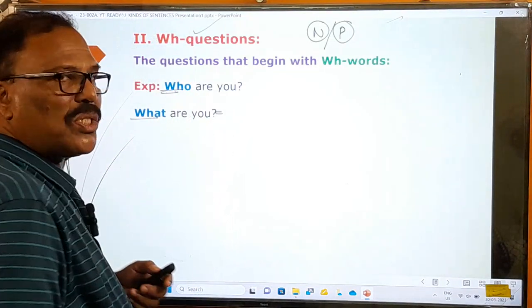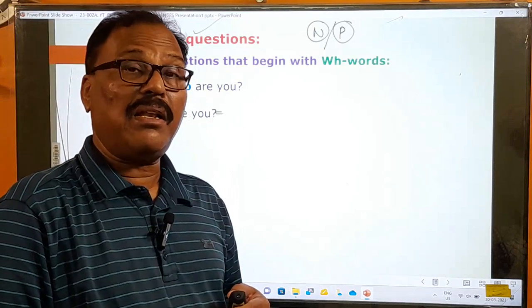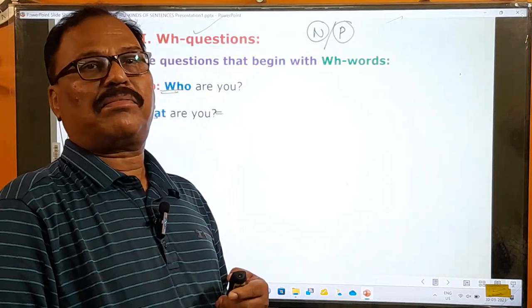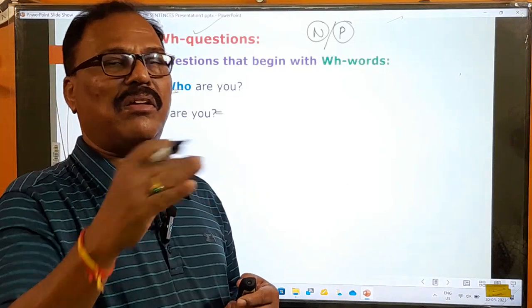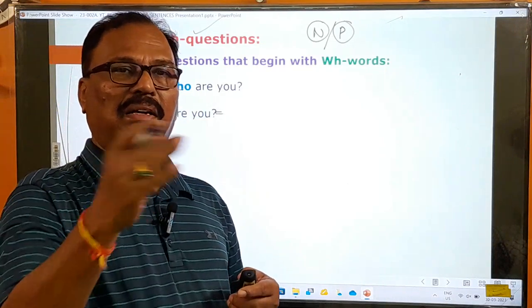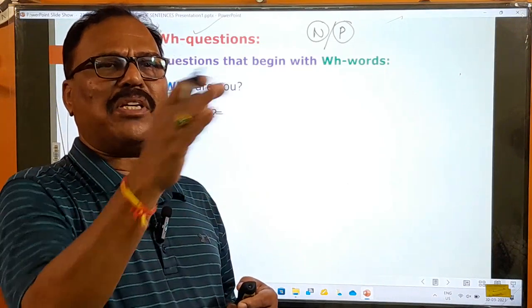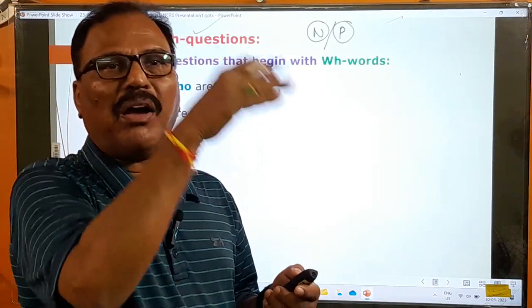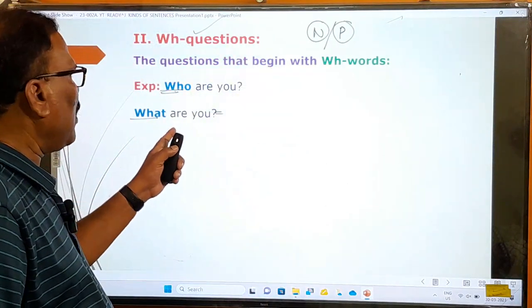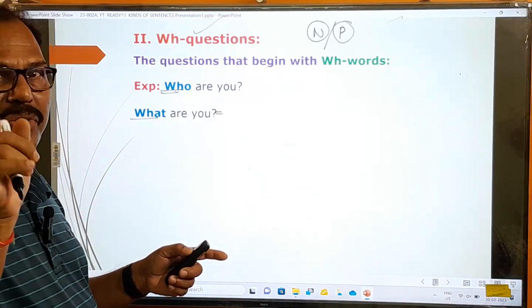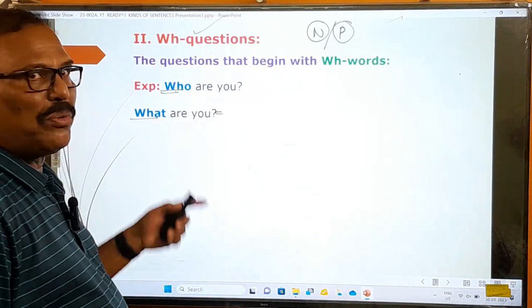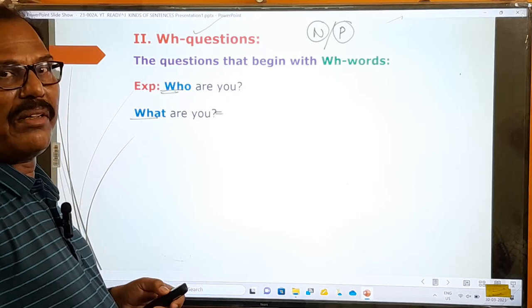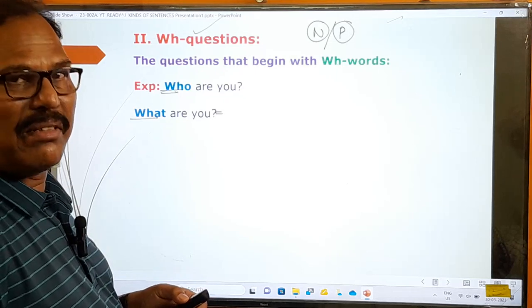When somebody asks you this question, you must tell what you are, whether you are a student or a bank employee or a clerk, whatever job you are doing, that you have to say. So, who are you? What are you? The difference is there. Who are you means you must tell your name. What are you? I'm a bank employee. I'm a student. Like that.